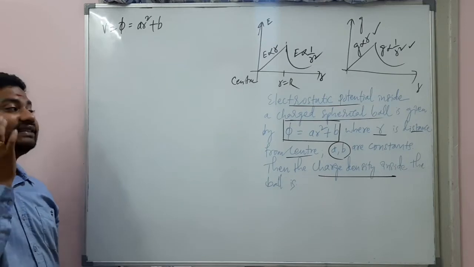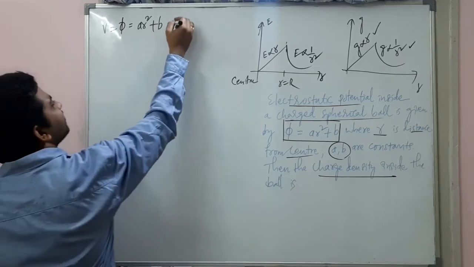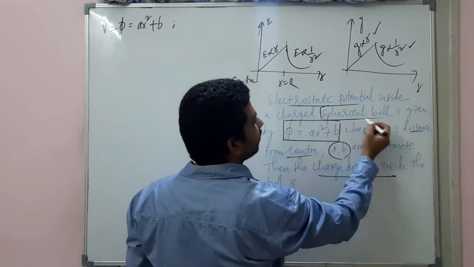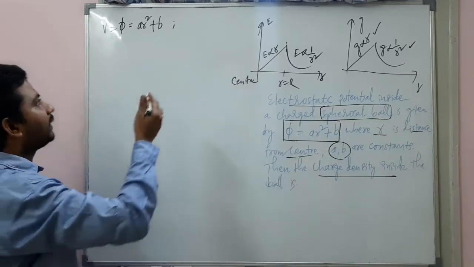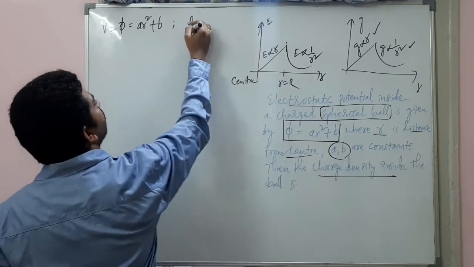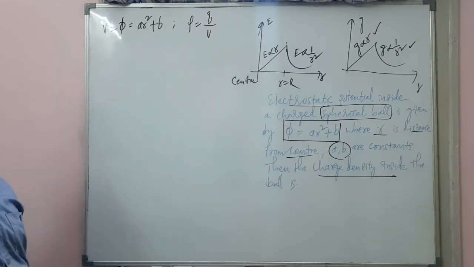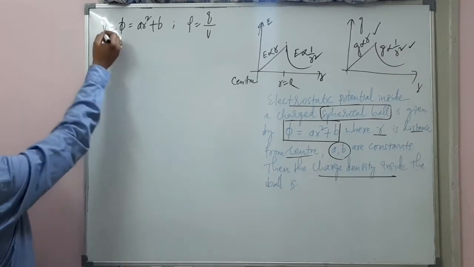So what is the charge density inside the ball? This is the spherical ball they have given. Charge density in case of a spherical ball is rho, which is equal to Q by V, charge per unit volume.